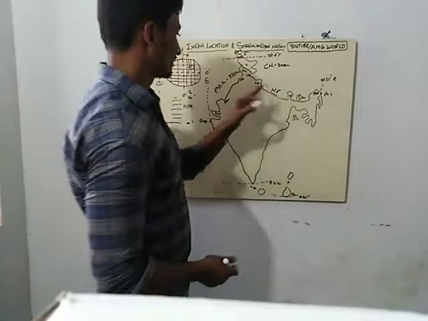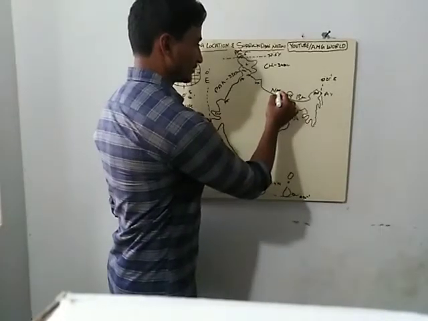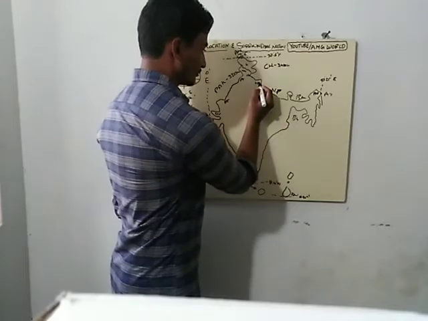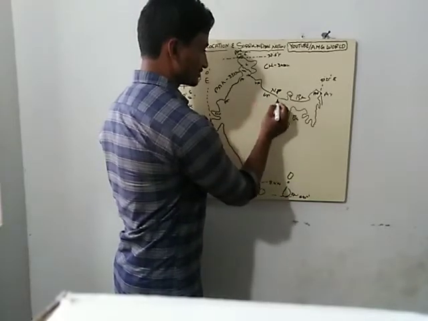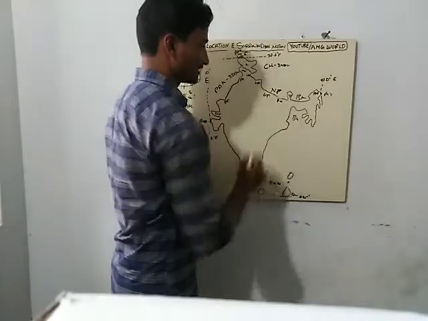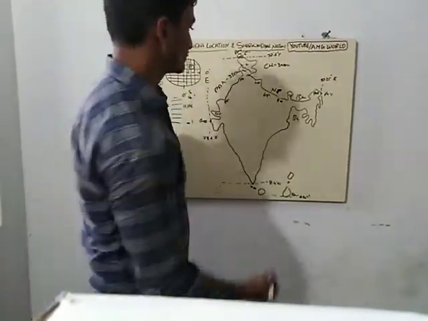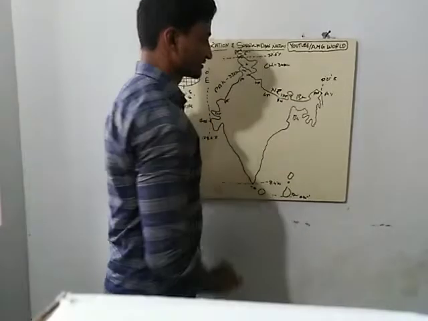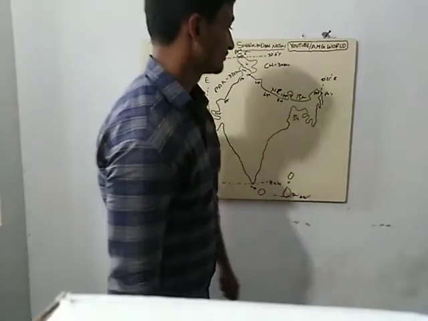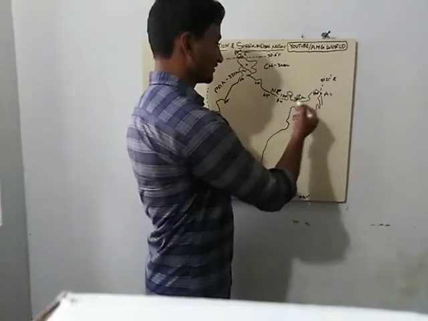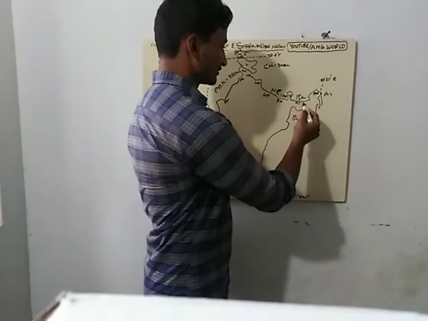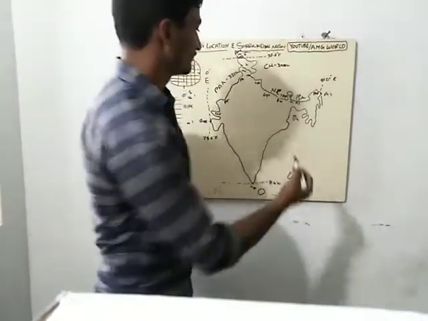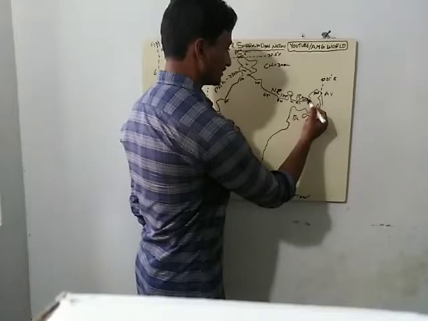Next, Nepal has a border with the Indian states of Uttarakhand, Uttar Pradesh, Bihar, and Sikkim, with 1756 kilometers. Next comes Bhutan. Bhutan has a border with Assam, Arunachal Pradesh, West Bengal, and Sikkim, with 699 kilometers.